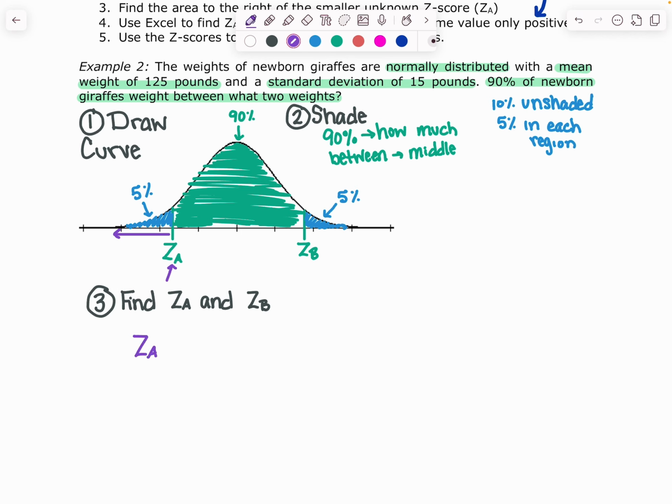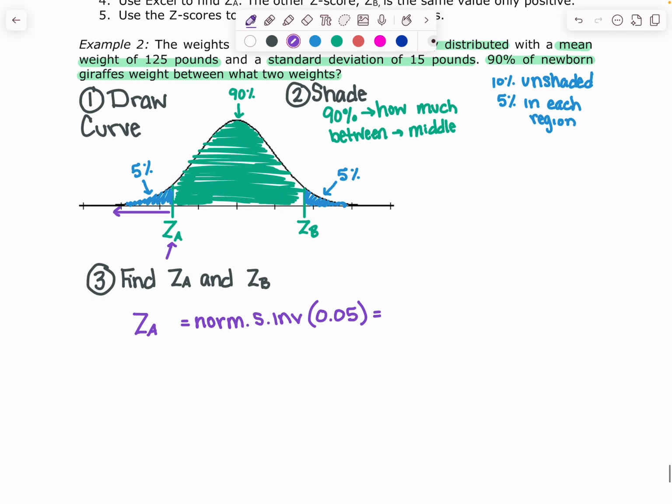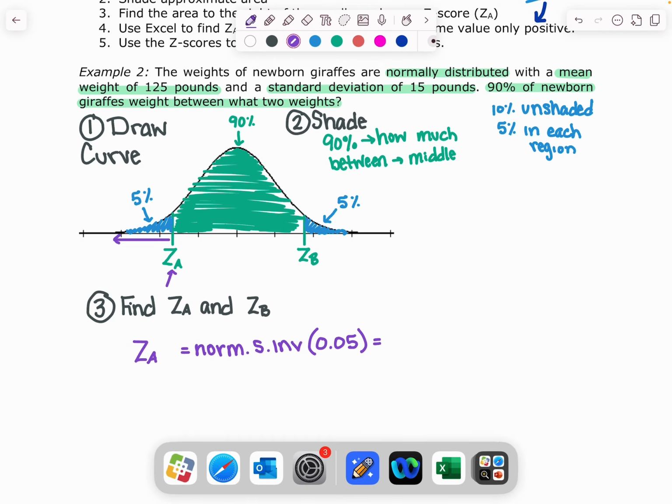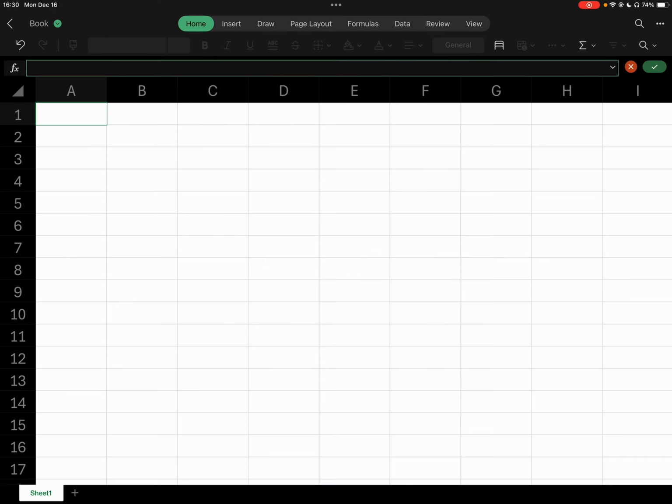ZA, I'm going to find by doing norm.s.inv, and the area to the left is 5%. Remember, we can't plug in percentages, so I plug that in as a decimal. And then we're going to look at what we get from Excel. So let me flip up to Excel. Here we go.